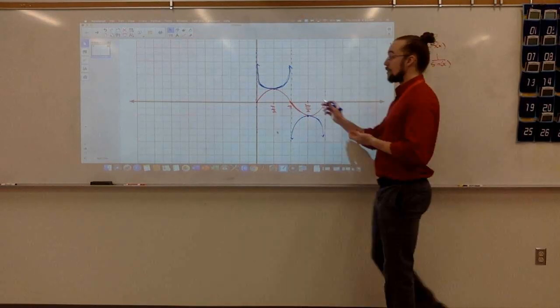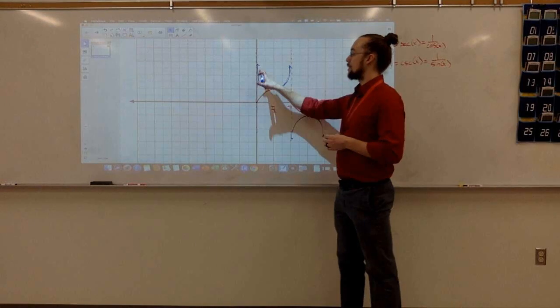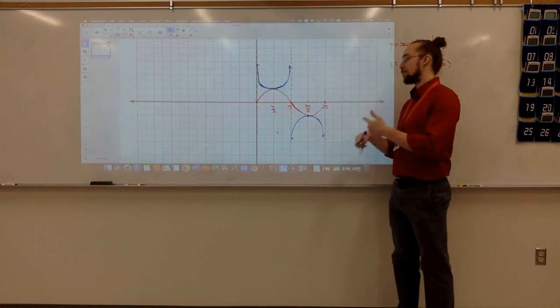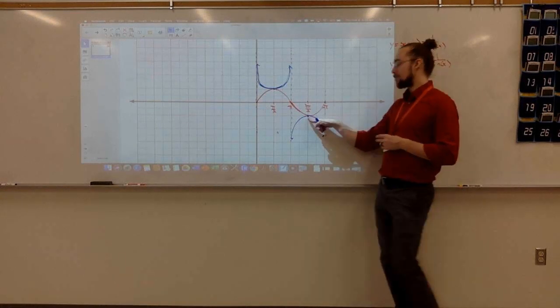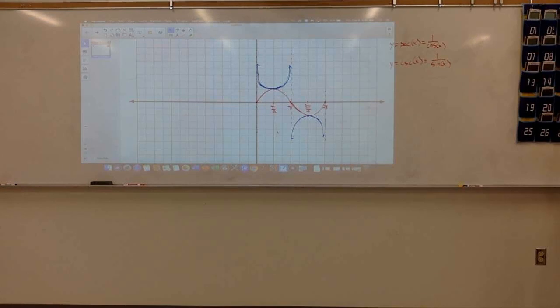The minimum values of our cosecant curve are the same as the maximum values of the sine, and vice versa. The maximum values of the cosecant are the same as the minimum values of sine.